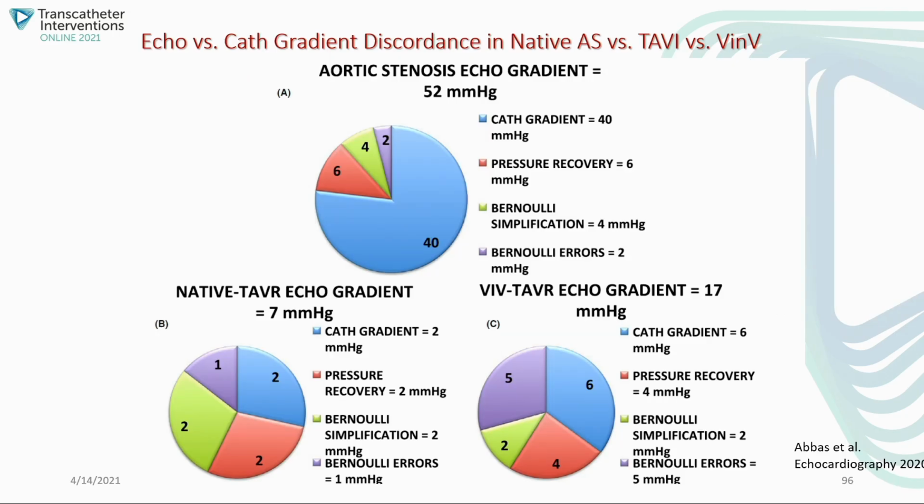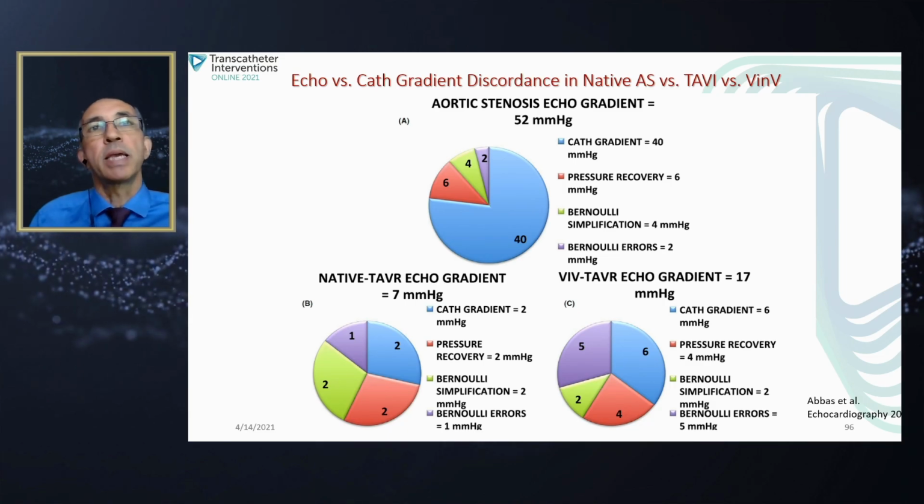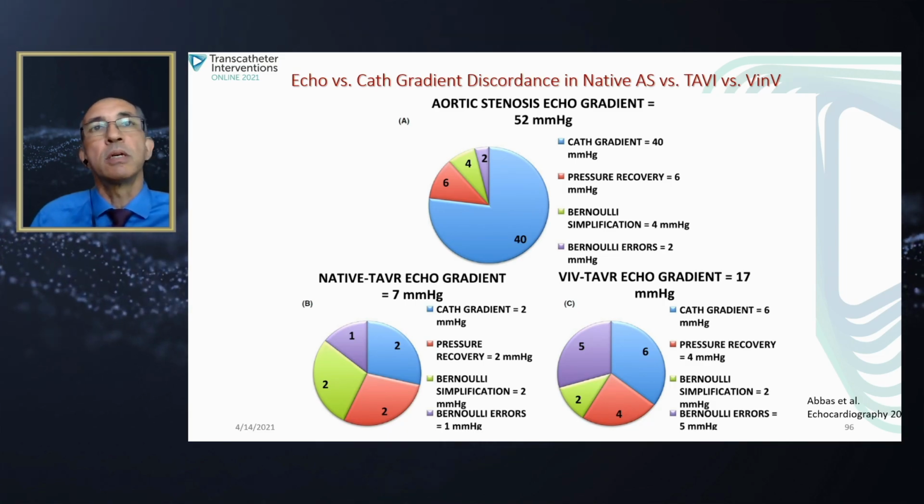So is this difference or discordance between echo and cath similar for all types of aortic valve? No. Actually, if you look at native AS, this is severe native AS, you do have a difference. That in absolute terms may be substantial. For example, here you would measure 52 millimeters of mercury by echo versus 40 by cath.